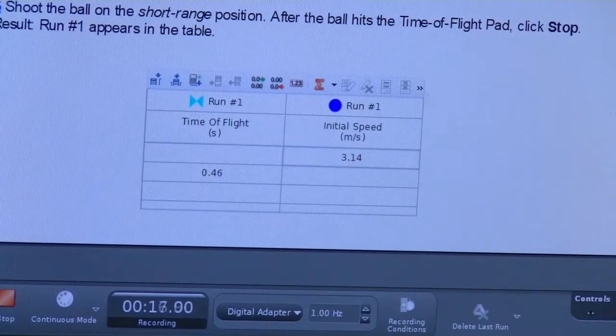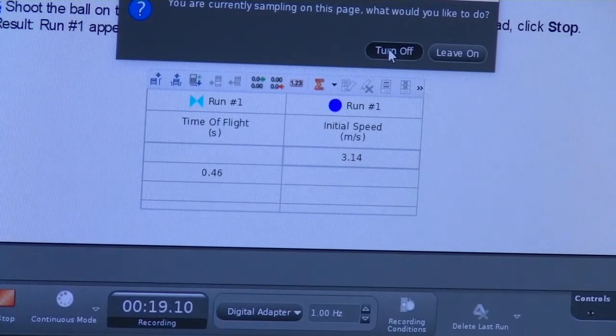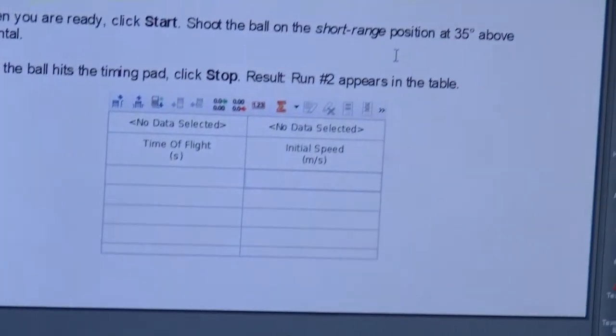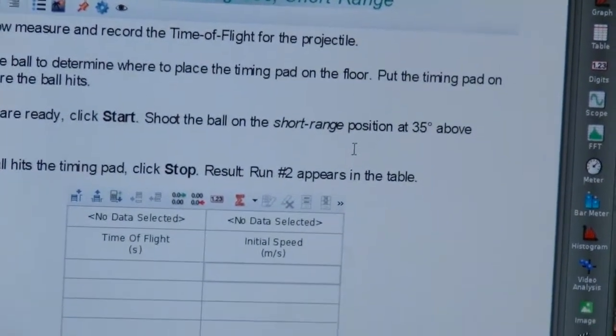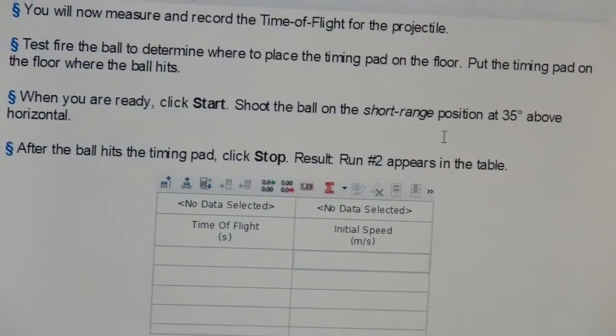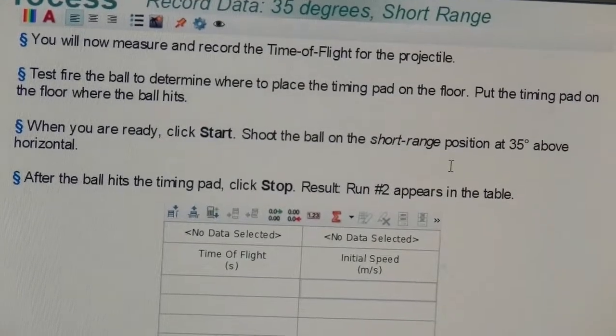Now let's shoot the ball at 35 degrees. It's the same short range, which means we have the same initial velocity, but we are only changing the angle. Now the angle is 35 degrees.